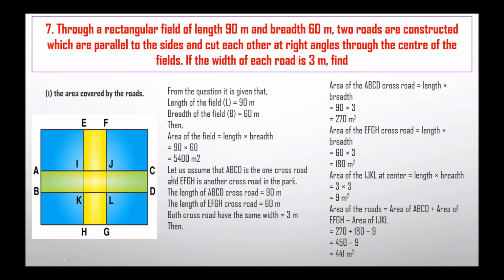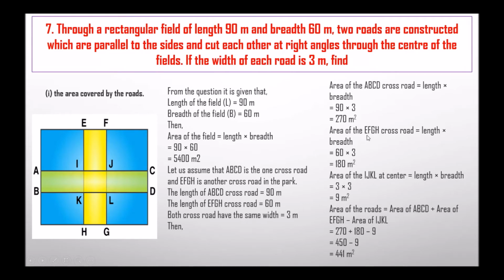Now let us assume ABCD is one crossroad and EFGH is another crossroad. So length of ABCD is 90 and length of EFGH is 60. Both crossroads have the same width, that is 3 meter. So area of ABCD is 90 into 3, that is 270 meters square.